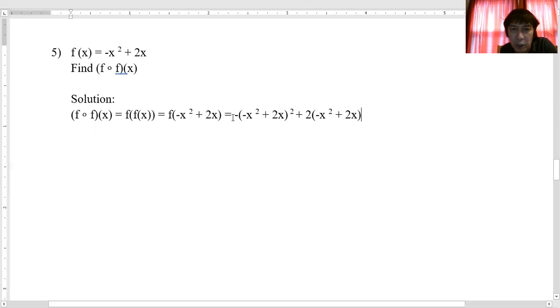So you can see here minus, and then here is the original f function squared, and then plus, and then 2 times x here. X will now be equivalent to the original negative x squared plus 2x. It's right here. So the next part is just simplification. All right, we're going to simplify this. Okay, let's do it in the next line. All right, let's start here.